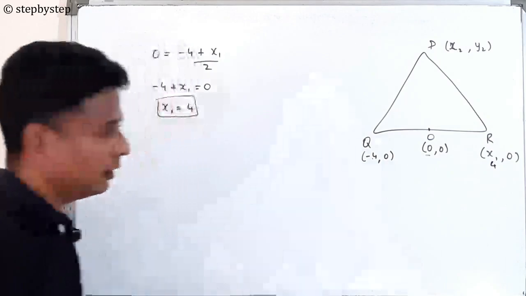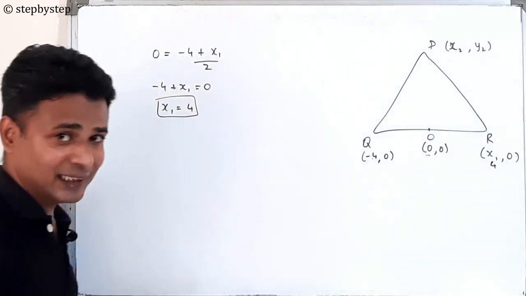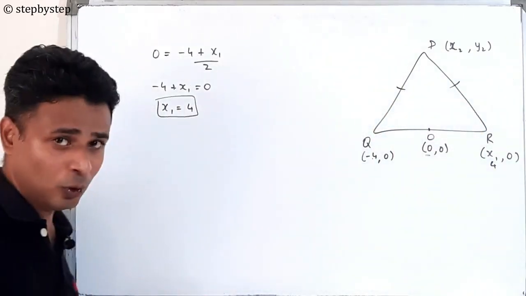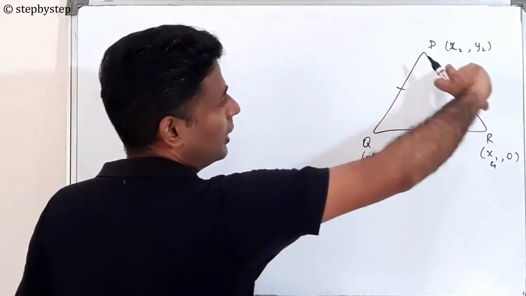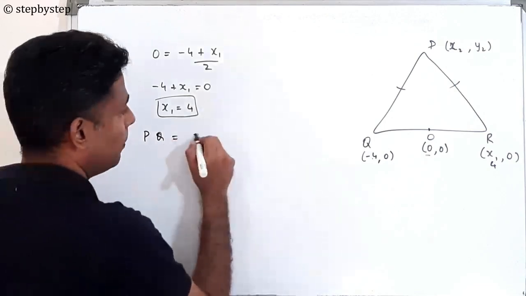Now to find x2 and y2, they have said it's an equilateral triangle, which means this side will be equal to this side. So we have to use the distance formula here. PQ will be equal to PR.